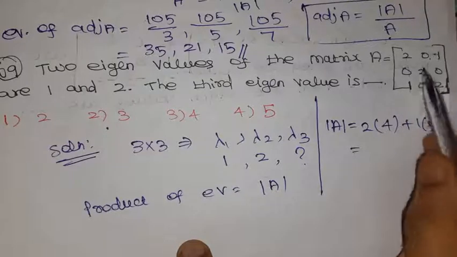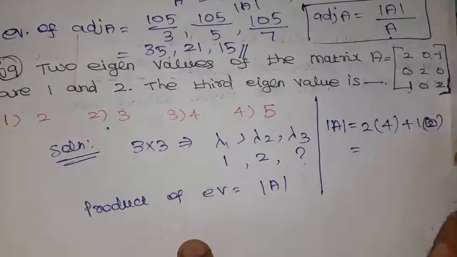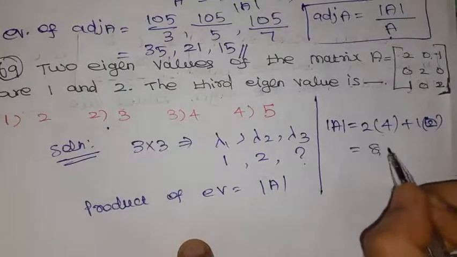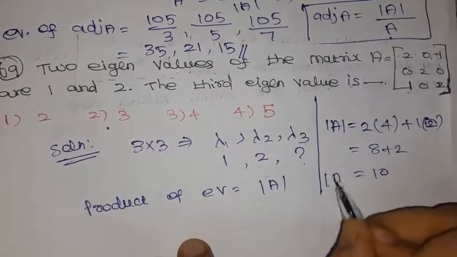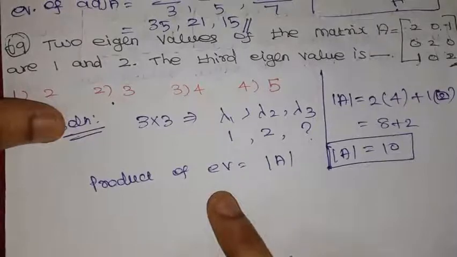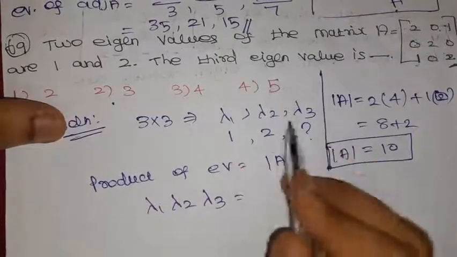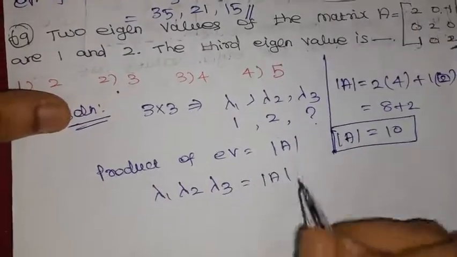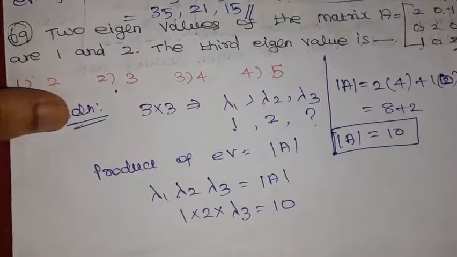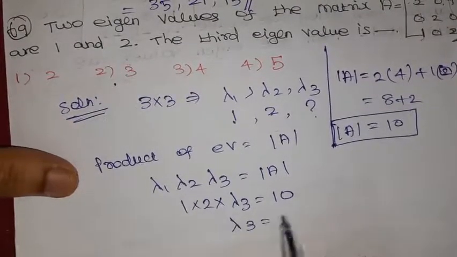Then 1 into 2, 8 plus 2, 10. So the determinant value is 10. Now we will substitute this value. The product of eigenvalues, lambda 1 into lambda 2 into lambda 3, is equal to determinant A. So 1 and 2 we already have, into lambda 3 which we need to find, equal to 10. Then lambda 3 equal to 10 by 2, 5.